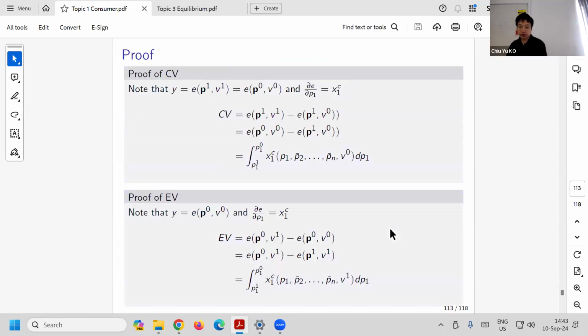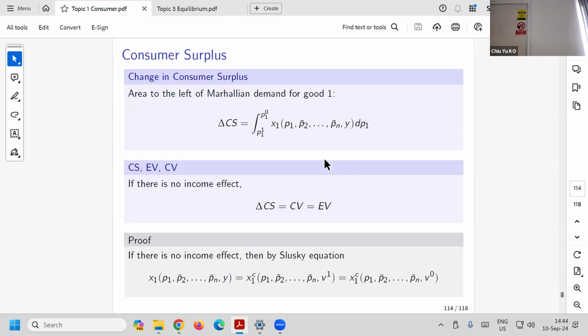So you can write up the proof. The proof is like this. I'm not going to prove it, but basically from the definition here, you come to Shephard's lemma and get it done. It turns out that for the consumer surplus defined this way, if there's no income effect, meaning Hicksian demand equals Marshallian demand, whether you call it CV, EV, or CS, it's the same thing.